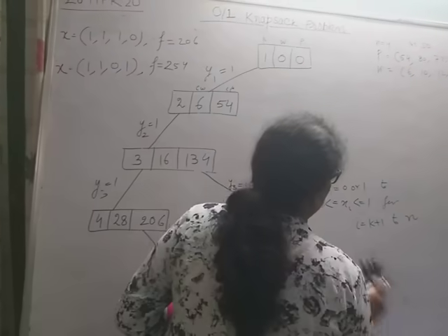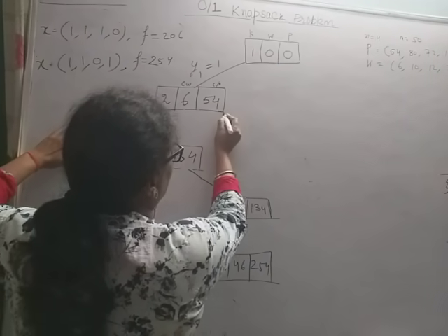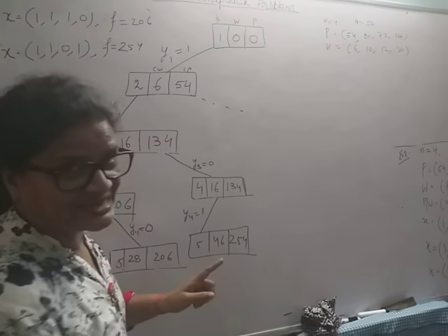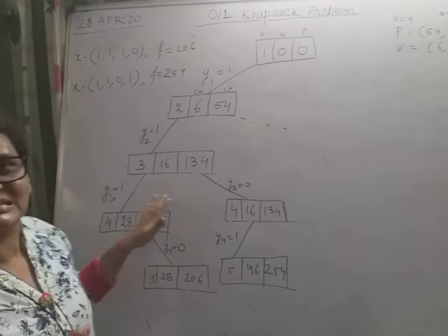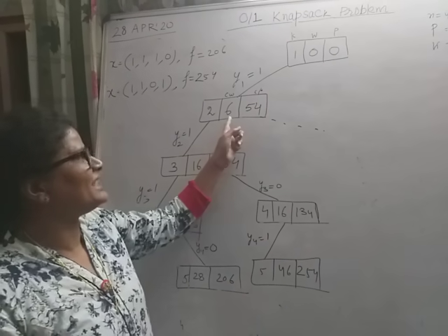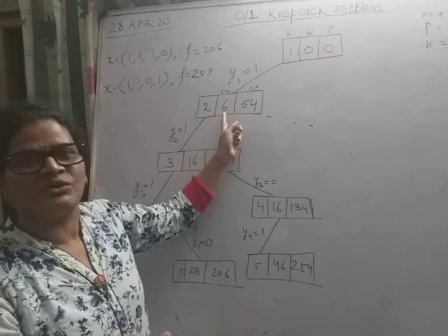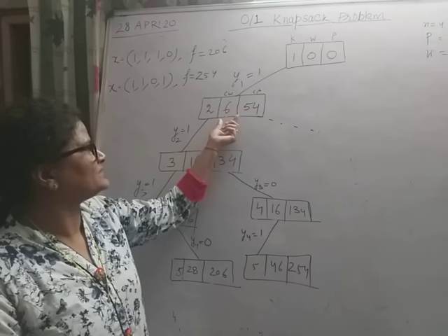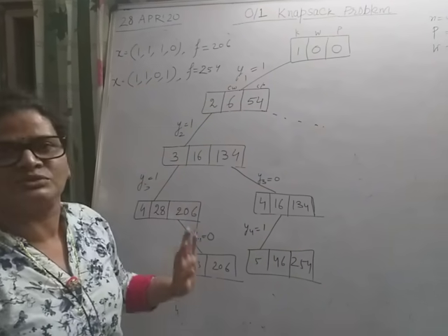Now, see this one. Again check the bounding function here, because for the left branch there is no need of a bounding function, as only one condition is sufficient: the weight included in the knapsack plus the weight of the current object is less than or equal to m, and we can move to the left branch.